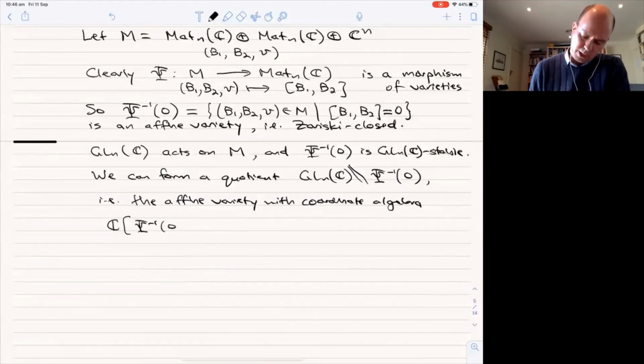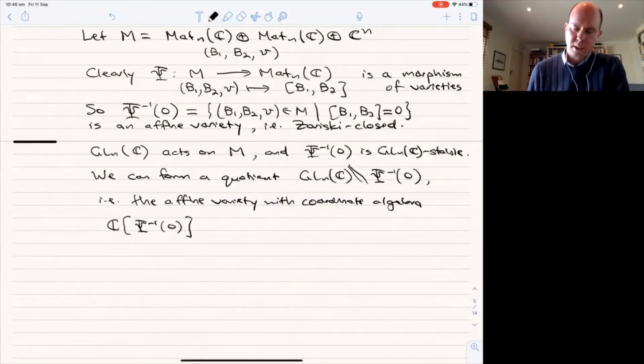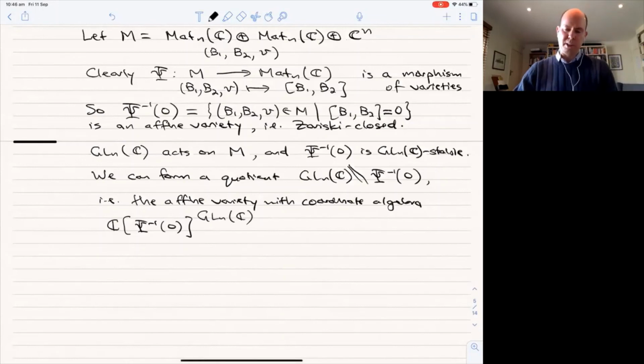So you have a coordinate algebra of psi inverse of 0. This is some quotient of the algebra of polynomial functions on the whole vector space M. And inside there, you could look at the ones which are GLN(C) invariant. By general theorems, that forms a finitely generated subalgebra of this, so it corresponds to some affine variety.